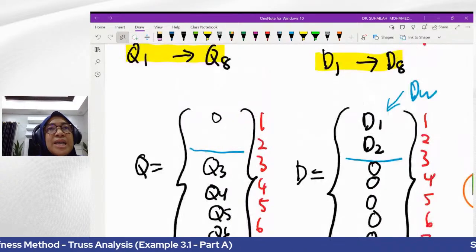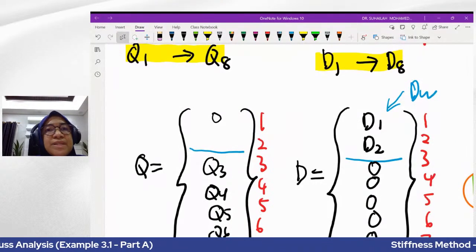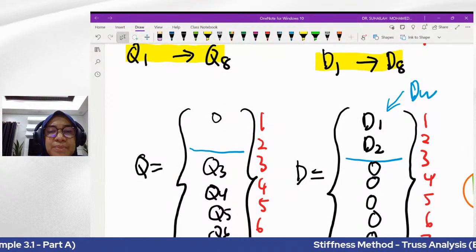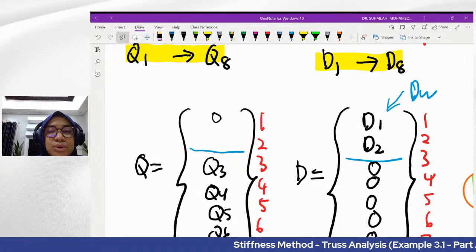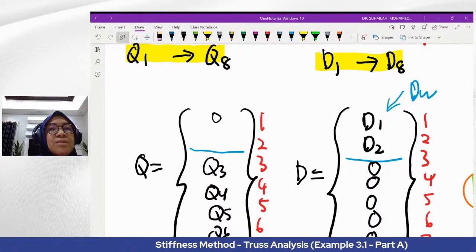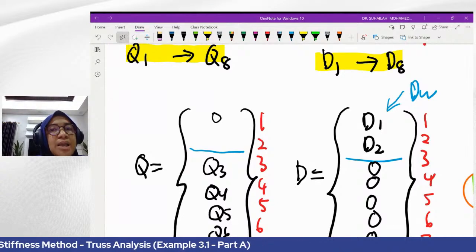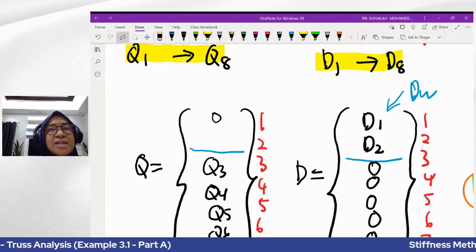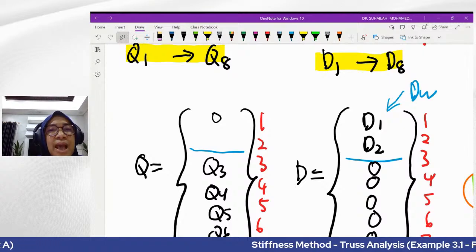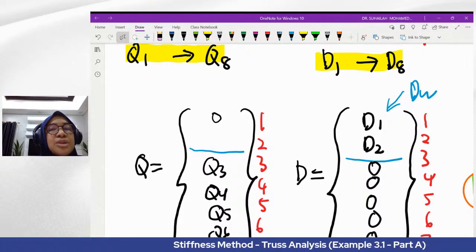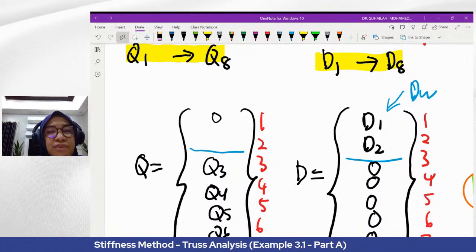Okay, now Q2. What is the physical meaning of Q2? Q2 is a vertical force at node 1.